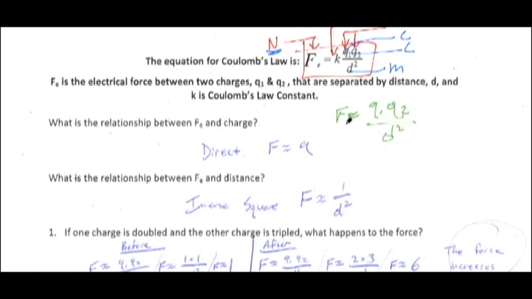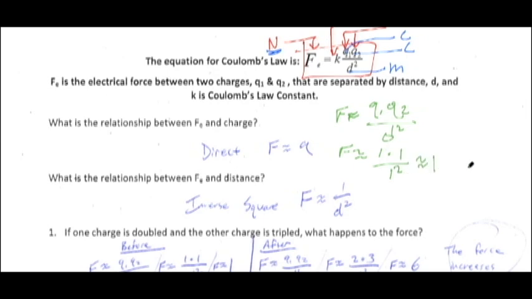Alright, if I got to start somewhere, let's go ahead and throw in some 1s here for Q. Let's throw in a random value of 1 for distance. The reason I'm using 1 across the board is just because it's a very easy number to multiply by, really easy number to square. I don't really have to use a calculator. So I would come out with, well, this equals 1.